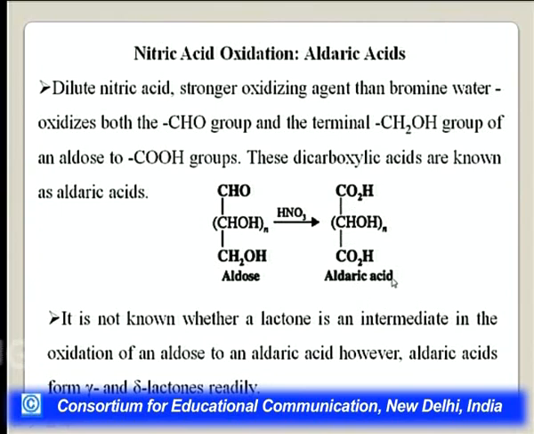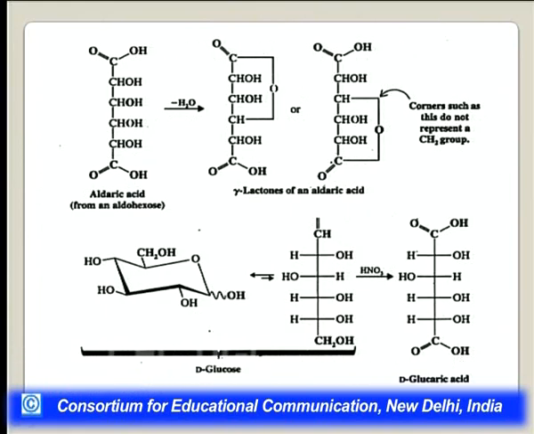It is not known whether a lactone is an intermediate in the oxidation of an aldose to an aldaric acid. However, aldaric acids form delta and gamma lactones readily. How it takes place you can see over here.